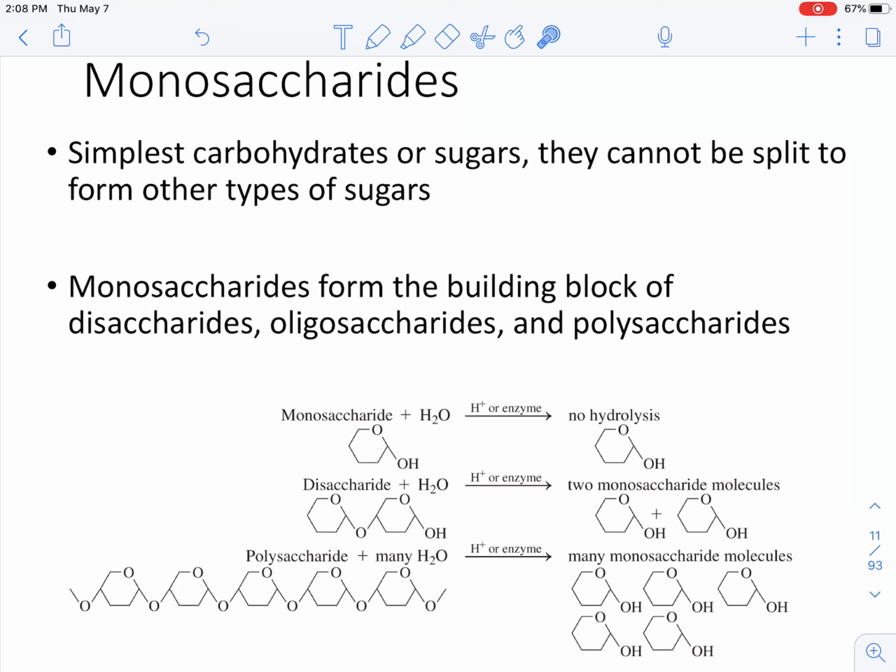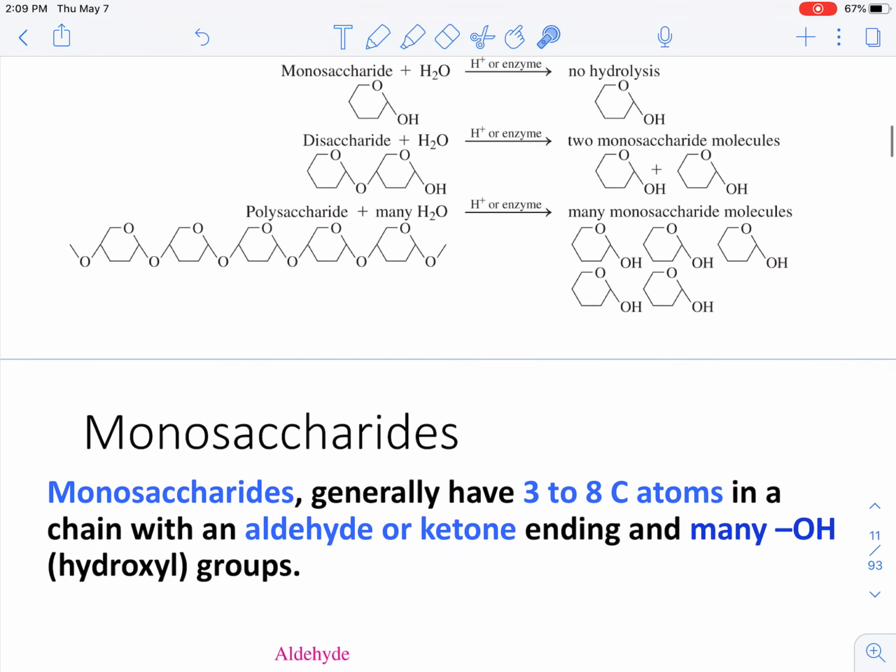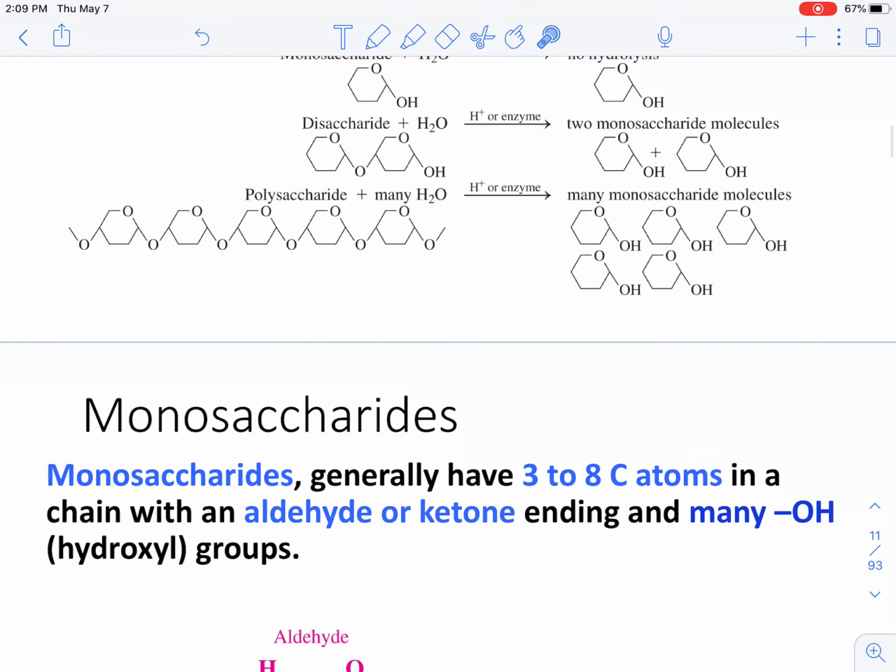And if there is no degradation, then we know that a specific substance is a monosaccharide. If we have a disaccharide and we treat it with acid or some type of enzyme, and it breaks apart into 2 sugar molecules, then we know that the original substance was not a monosaccharide.